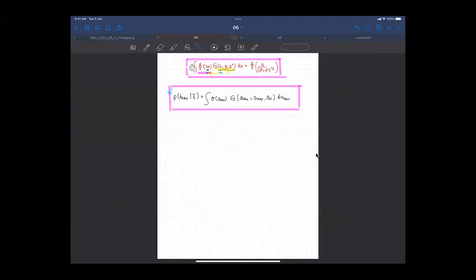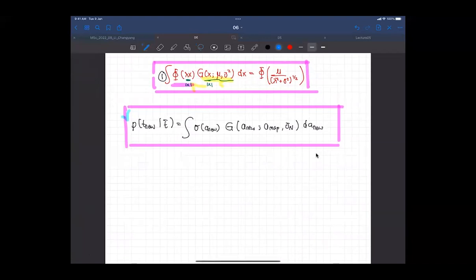Now we do the matching. This one matches to that one. Well, it's not that match. One is profit and the other is sigmoid. How about this one? It's okay, right? Because this one is 1 by 1, and everything is 1 by 1 here. The second term is good.